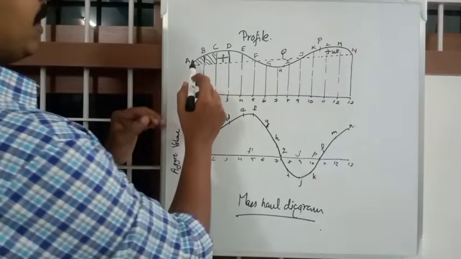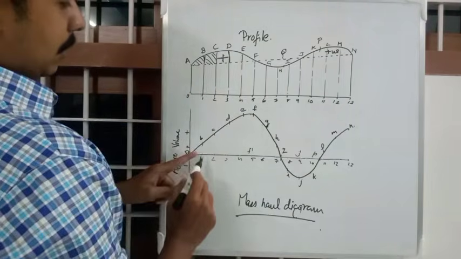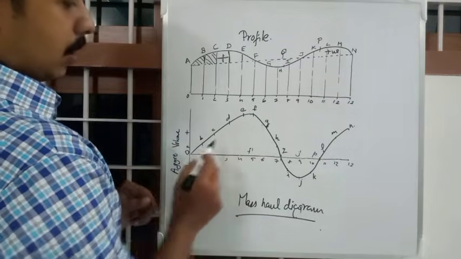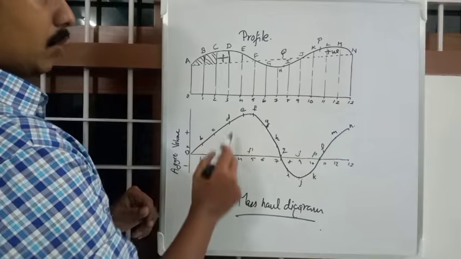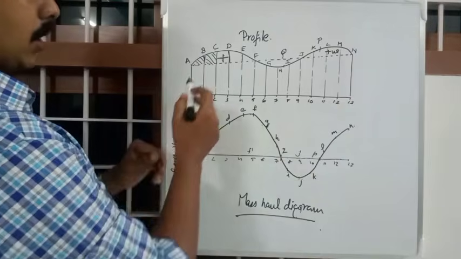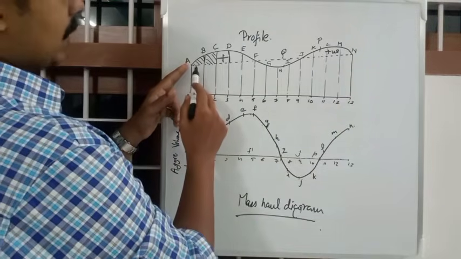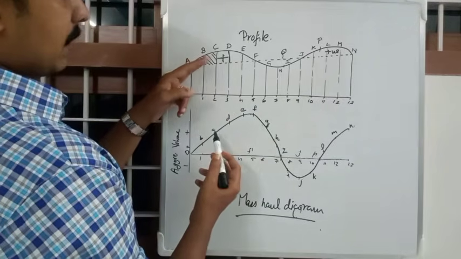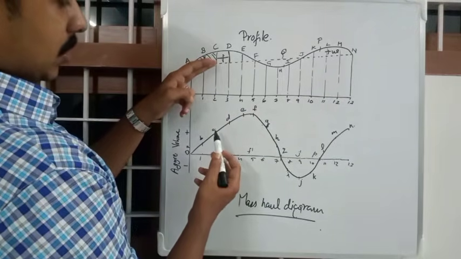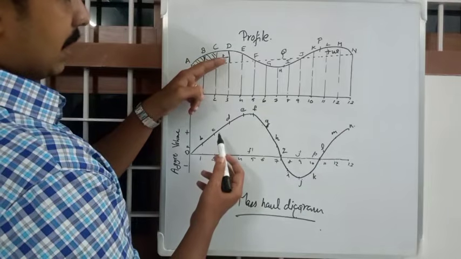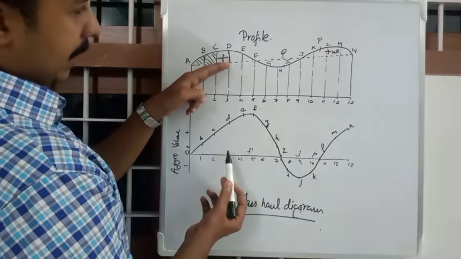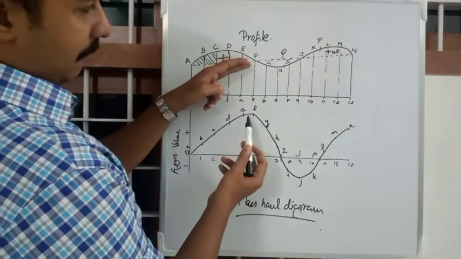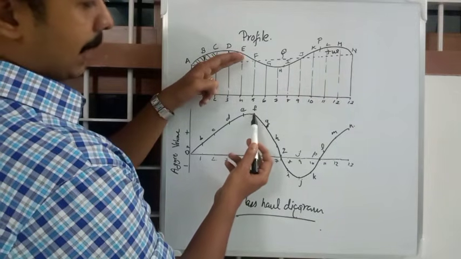When it is moving, there will be cumulative volumes. All these values are cumulative volumes on specific sections. When the truck moves to B, it's increasing. When the truck reaches C, it is again increasing. When it reaches D, it's increasing. E, it's increasing. At F, it reaches a maximum point.